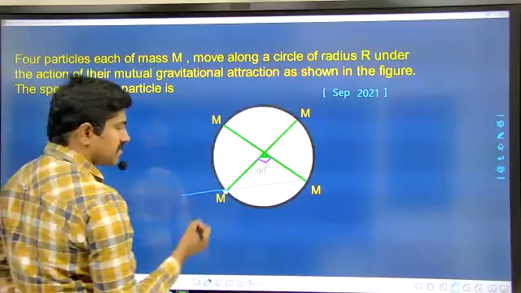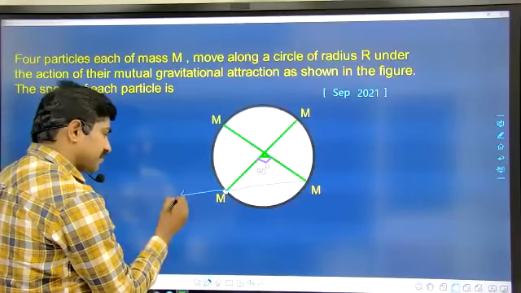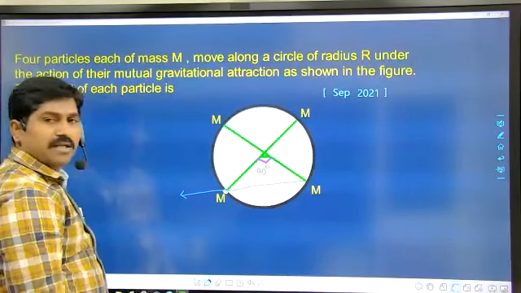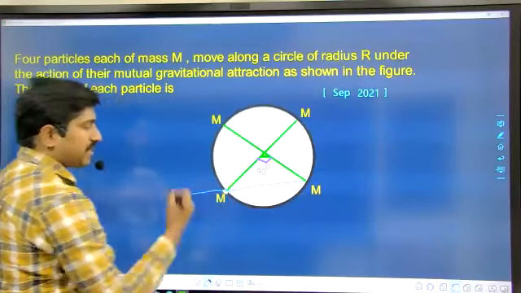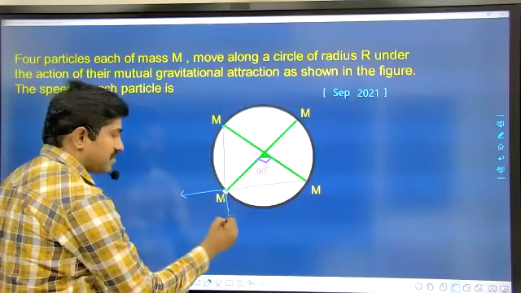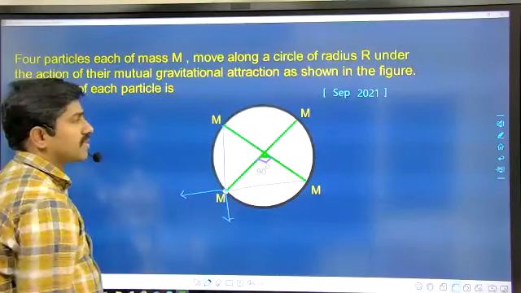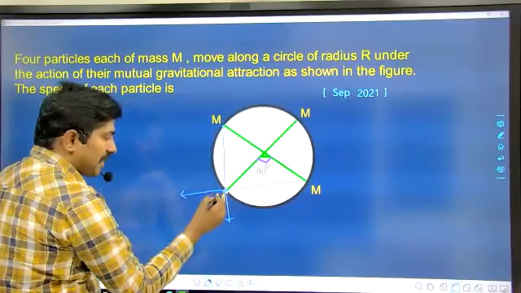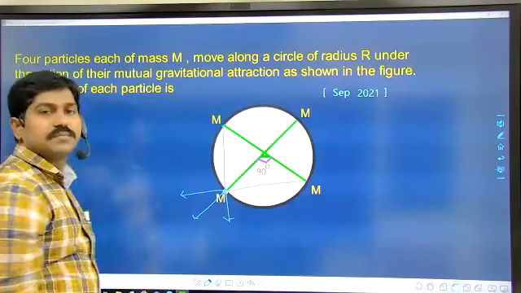Of course, it is mutual only. Let me consider the force is attractive. Of course, this mass m is attracting that particular mass.